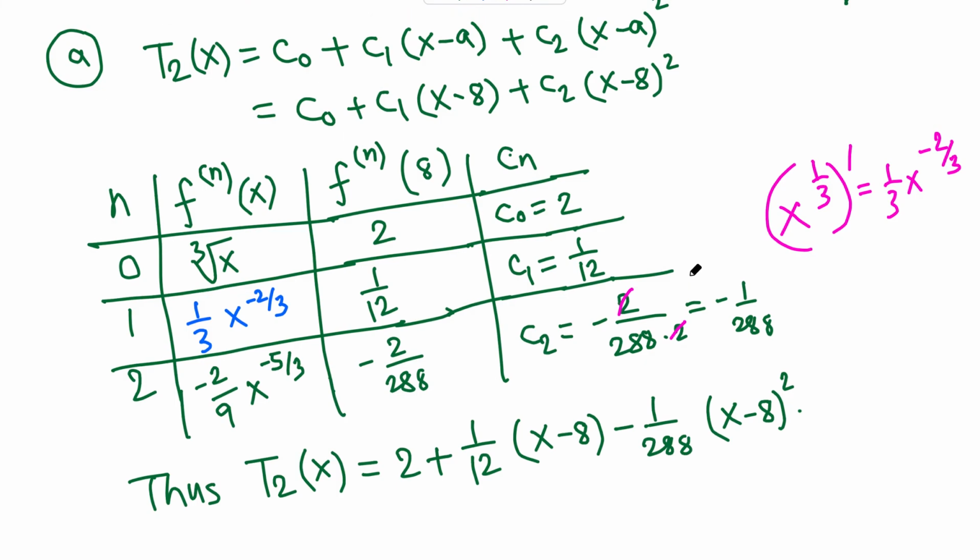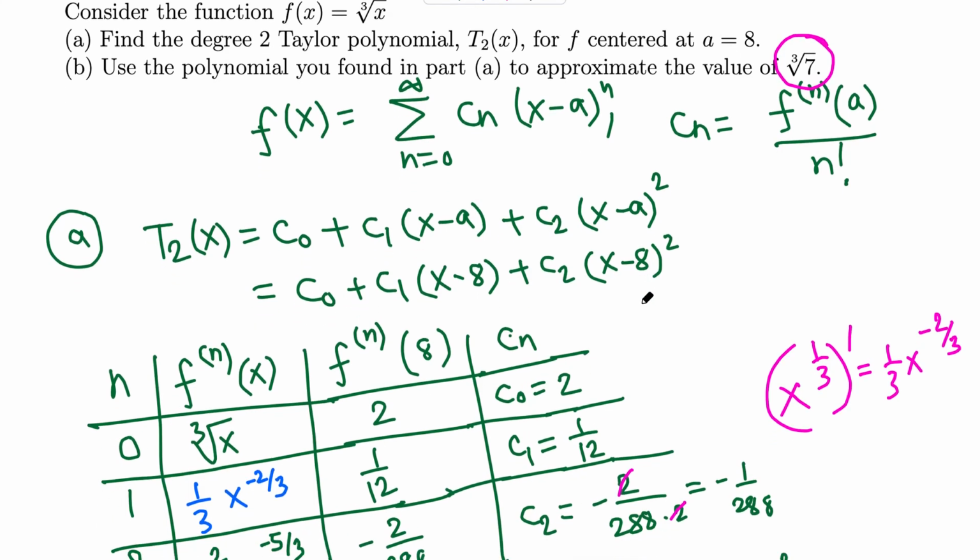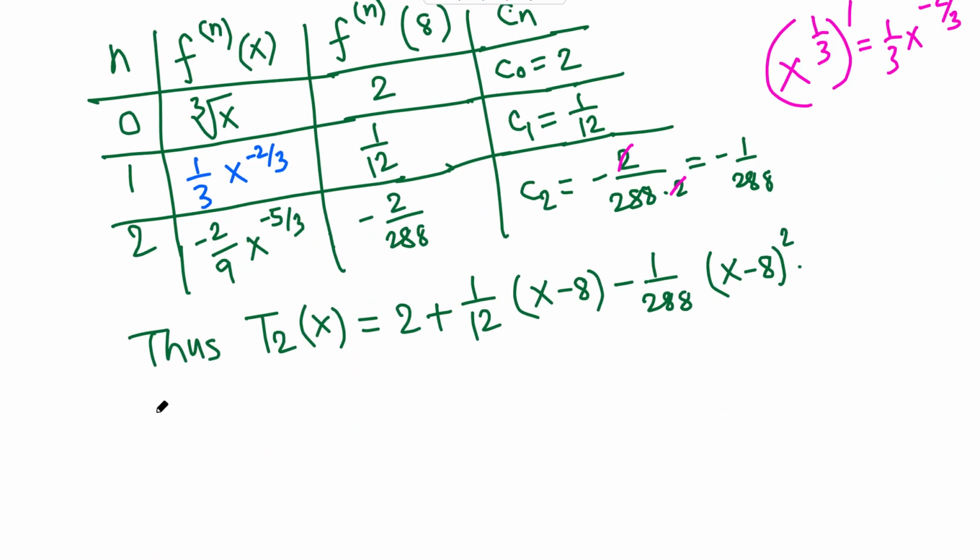Now, we need to use this polynomial to approximate the value of cube root of 7. Here is the question, cube root of 7. Simply replace x by 7. So cube root of 7 will be approximated by this degree 2 Taylor polynomial evaluated at 7.